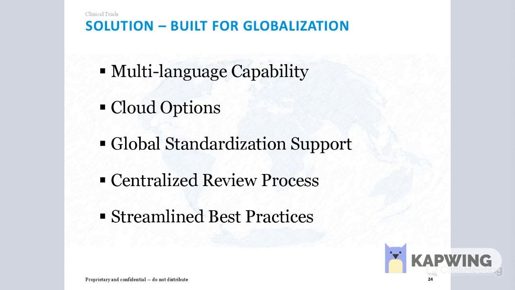Global standardized support, very important. LIMS can support your global standardization efforts by enforcing a common set of terminology, project attributes, clinical trial monitors, reports, etc. Centralized review process: secure and audited access to all trials from a single organizational entity, regardless of geographical location, via LIMS, supports the centralized review process.